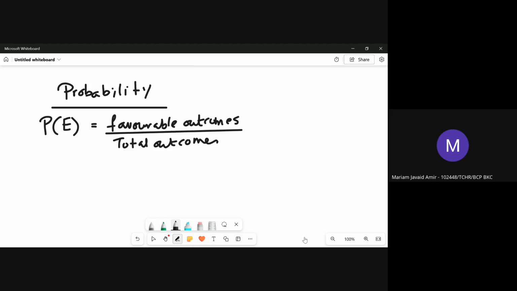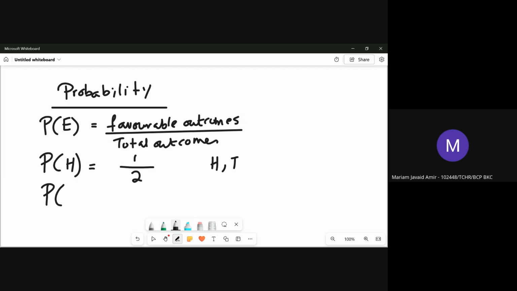For example, probability of getting a head when you throw a coin: favorable outcome is only one, divided by total number of outcomes. The total outcomes are 2 when you flip a coin. So there are only 2 outcomes out of which head is the favorable outcome. So probability of getting a head would be 1 over 2.